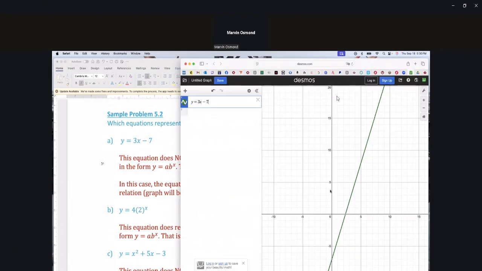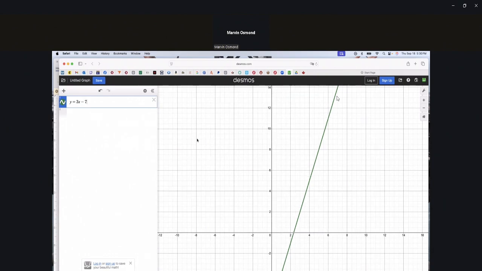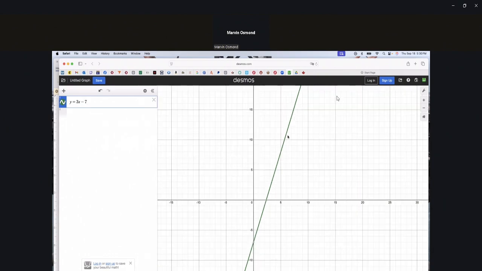Okay, just understood to be there. So now we have y equals 3x minus 7. This is something you would have studied last year in grade 10, or whenever you did grade 10 mathematics. So we end up with a graph going up to the right, and this number at the end right here, minus 7, is the y-intercept.